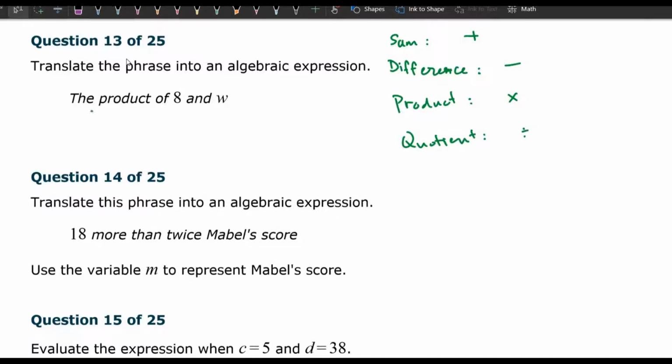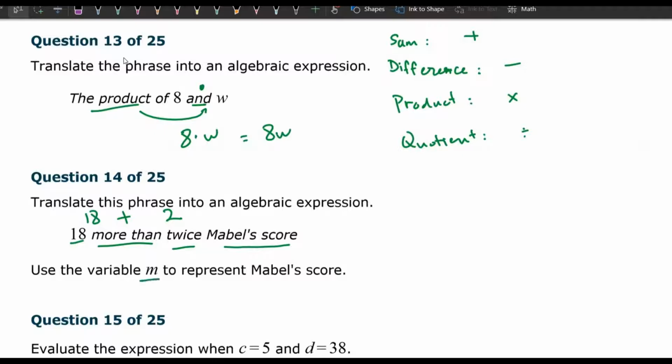In this case, we have the product of 8 and W. That's where you put your sign, so 8 times W, or just basically 8W. Down here, 18 more than twice Mabel's score.